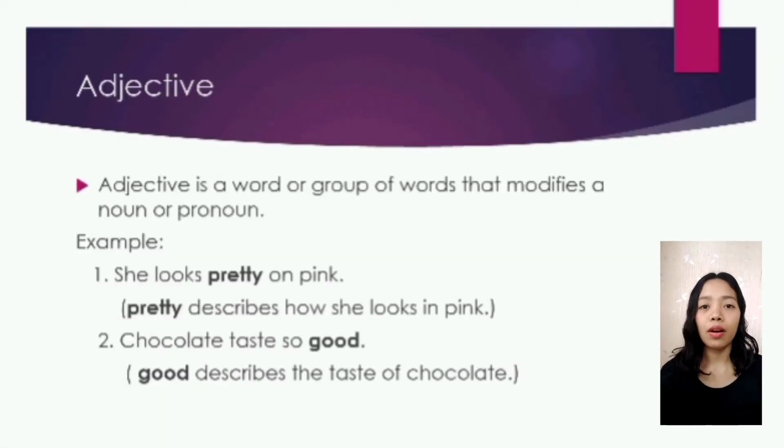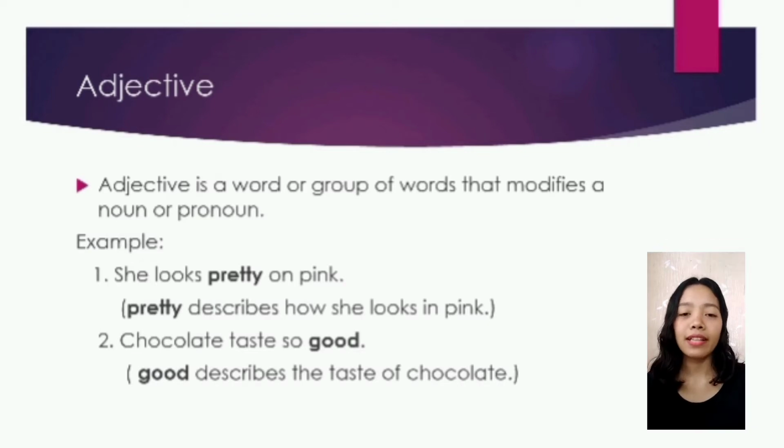Before we proceed to our main topic, let's discuss what an adjective is first. An adjective is a word that modifies a noun or a pronoun. Meaning, these are the words that describe the qualities or states of being of nouns and pronouns.